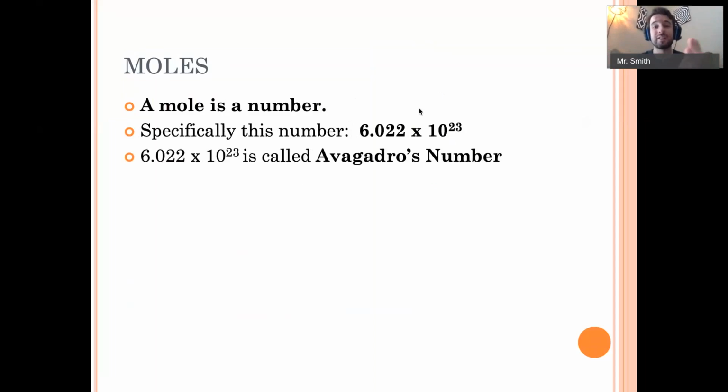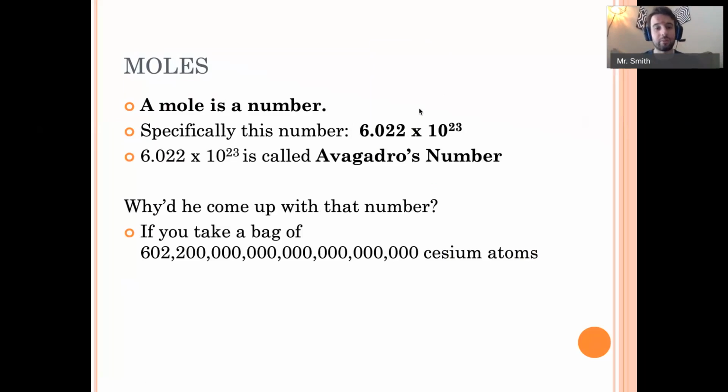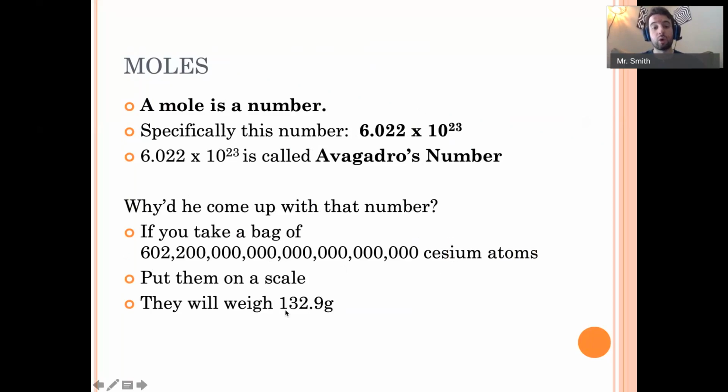So if you take 6.022 times 10 to the 23rd, which is a huge, huge number, of atoms, let's say cesium, for example, remember cesium's atomic mass is 132.9 grams per mole. If you take that many cesium atoms and put them on a scale, it's going to weigh 132.9 grams. So this is the mass when you look at one atom. That's the average mass in atomic mass numbers, which is just how many protons and neutrons it has.